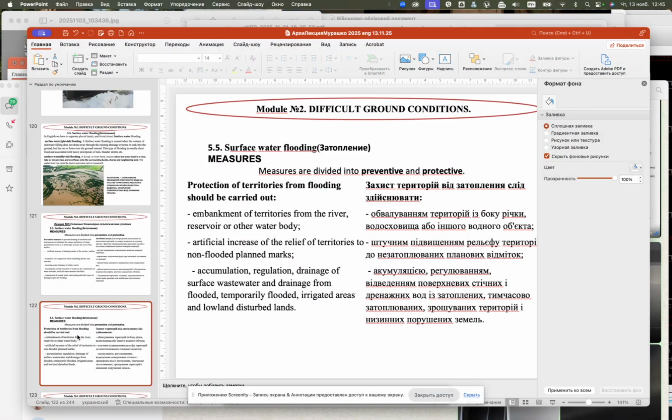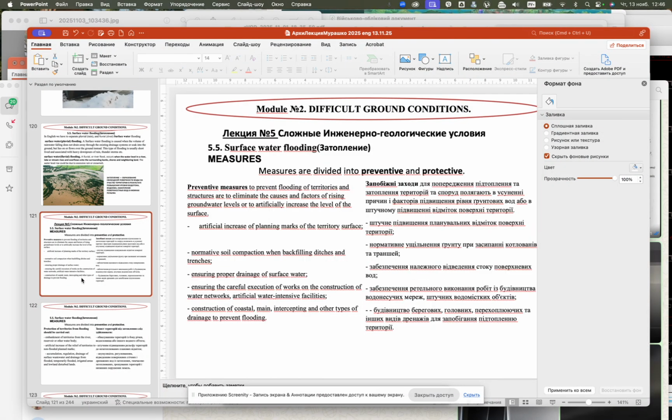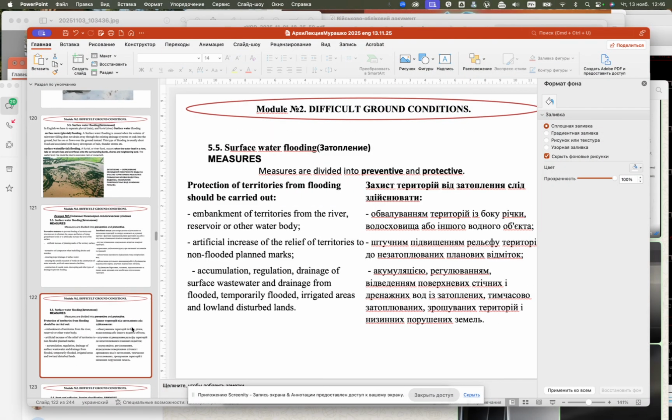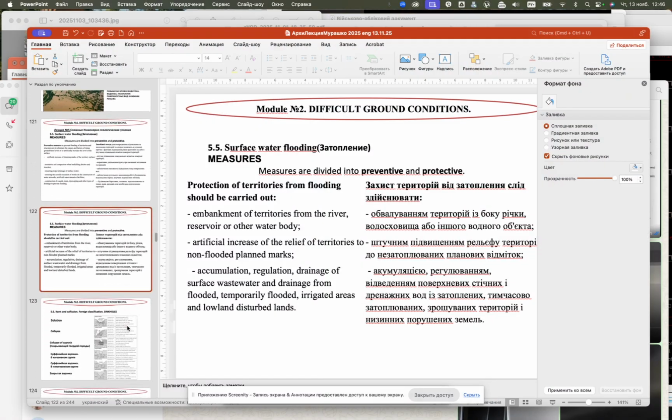When we are talking about protection, it's embankment of territories from a river, reservoir, or other water body, so to use additional elements which can protect you from water income. Artificial increase of relief, as we talked previously in preventive measures, and accumulation, regulation, and drainage of surface water, and drainage from flooded, temporarily flooded, or irrigated areas and lowland lands.